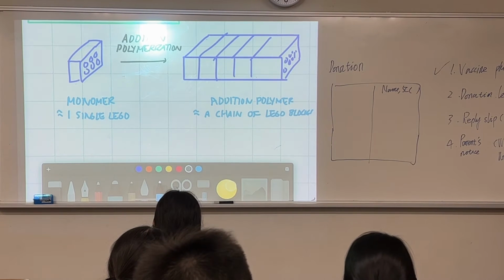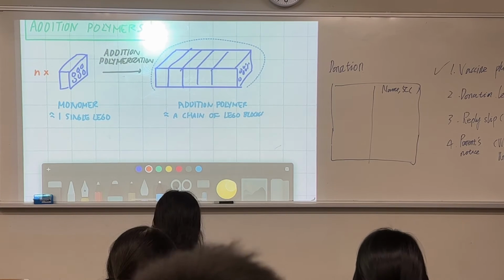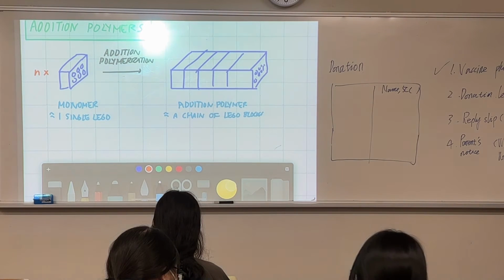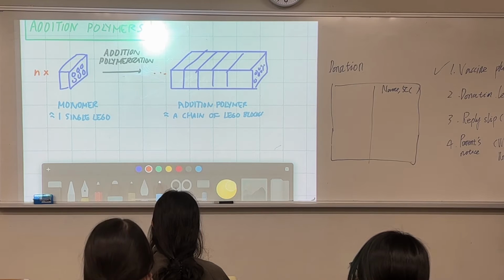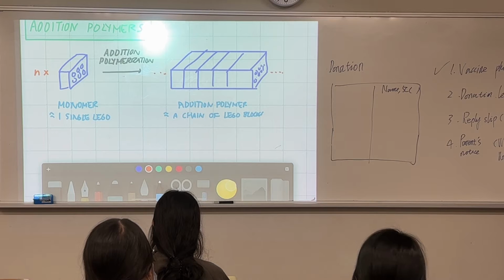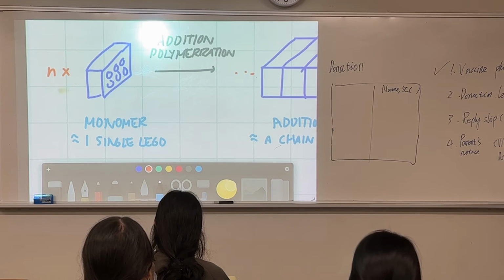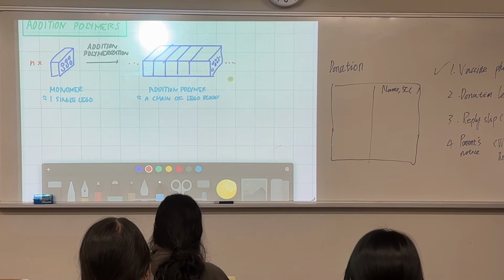And we have to do n times here, because in reality, when we combine monomers together, we don't just combine 1 or 2 or 10. We are combining tens of thousands of these monomers together. Because we don't bother counting how many there are, we just write n. This is why you will see something like this.